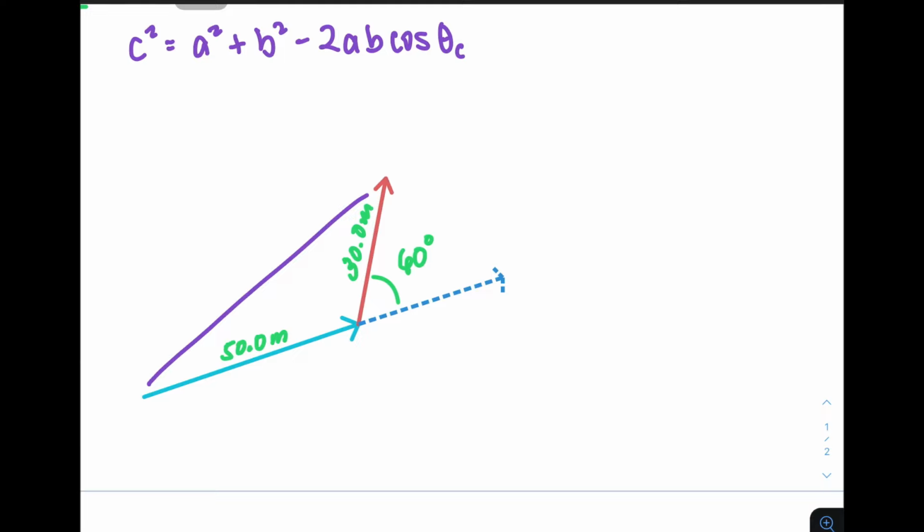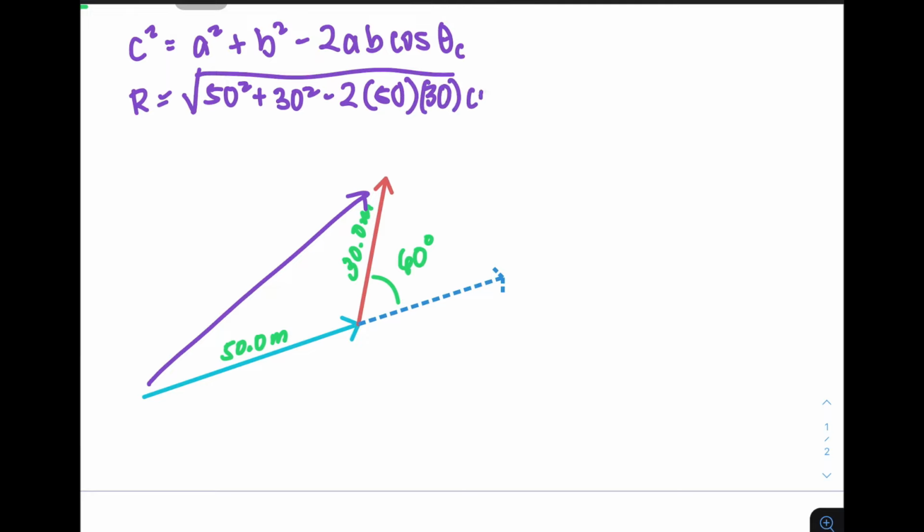Here c will be our resultant vector, so that will be replaced by R, and it is equal to the square root of 50 meters, which is one of our sides, 50 meters squared, plus 30 meters squared minus 2 times 50 times 30 times cosine of the angle opposite of the resultant.